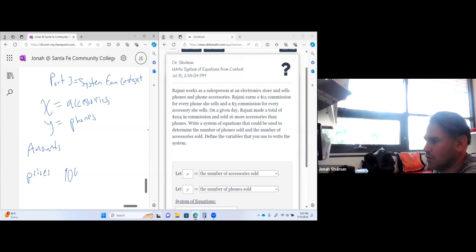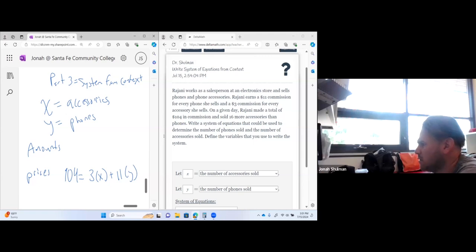So 104 equals, the accessories are $3 of commission on every one, so that's 3x. And then $11 for every phone. So that's the first equation: 3x plus 11y equals 104.